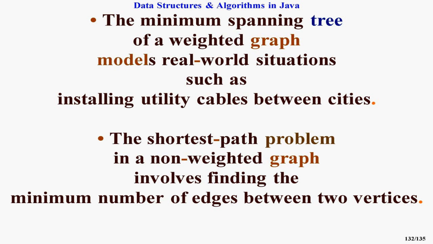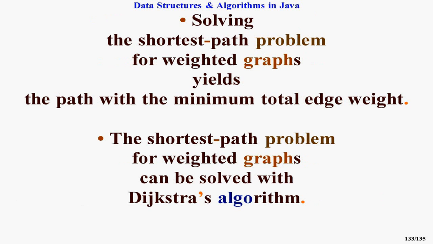The shortest path problem in a non-weighted graph involves finding the minimum number of edges between two vertices. Solving the shortest path problem for weighted graphs yields the path with the minimum total edge weight. The shortest path problem for weighted graphs can be solved with Dijkstra's algorithm.